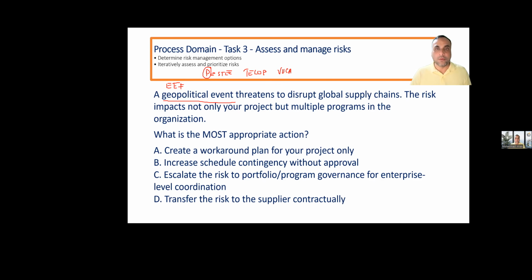Very good. Because of PESTLE, you have the global supply chain disruptions. The risk impacts not only your project, but multiple programs in the organization. So the risk is bigger than your level. Do you get it? Not only your project, but other programs.